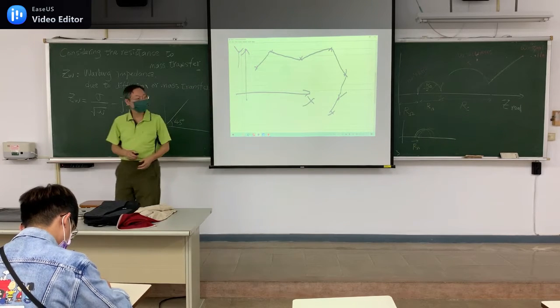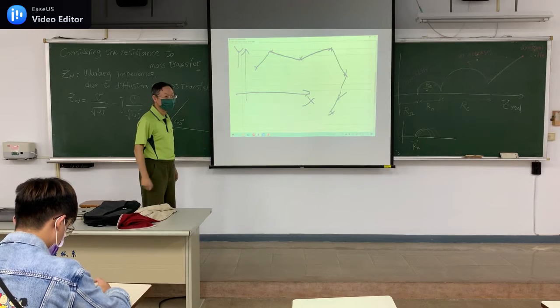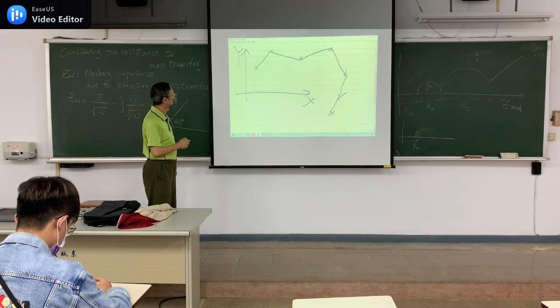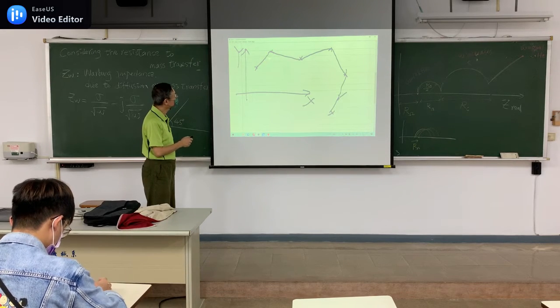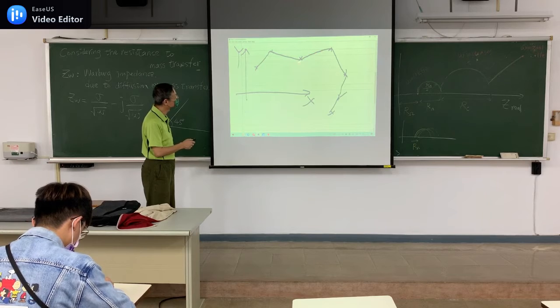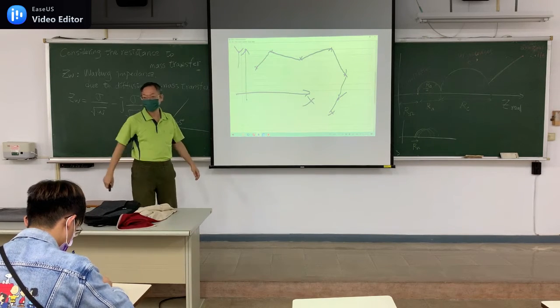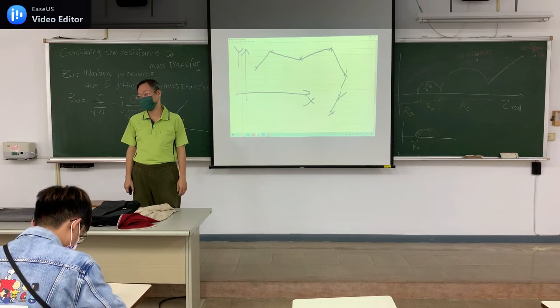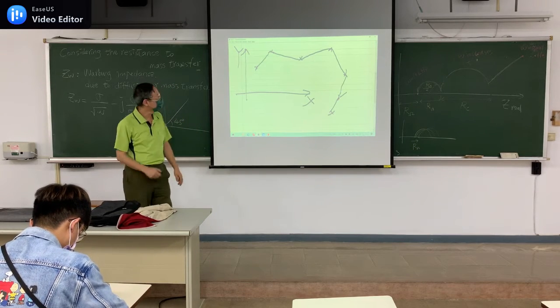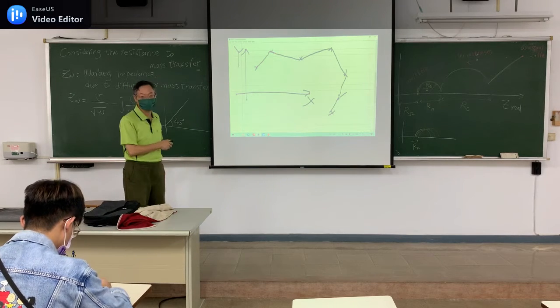If you have a corner like this, for example, and you ask the actual machine to follow this, actually, this is linear, this is not smooth. You ask the machine to follow this kind of corner, it cannot be very accurate. Because for the corner, normally you need to have a big speed change.